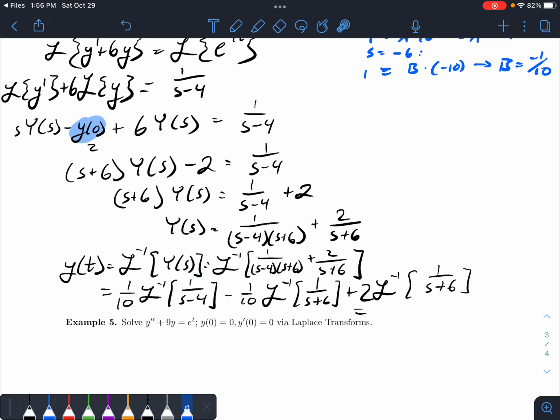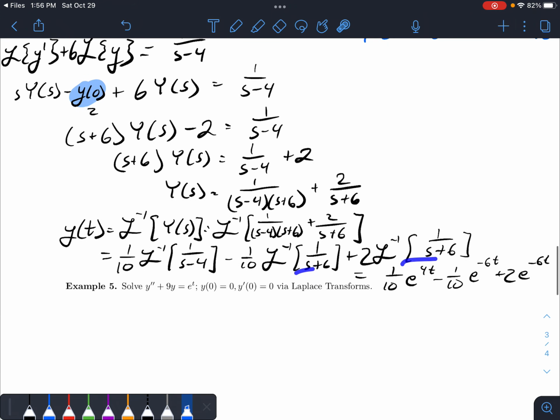All right. This is going to give us e to the 4t. So 1/10 e to the 4t. And then 1 over s plus 6 gives us e to the -6t. And then same thing over here, e to the -6t.